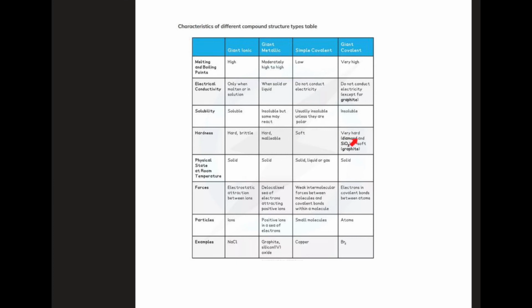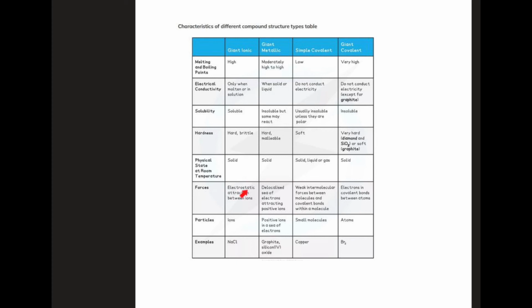Giant covalent is very hard, like diamond and silicon dioxide, or soft, which is graphite. Then physical states at room temperature. This is solid, liquid or gas, and this is solid.